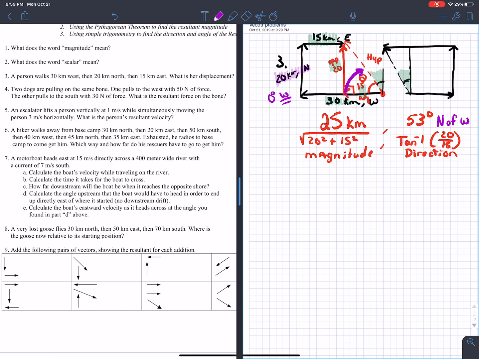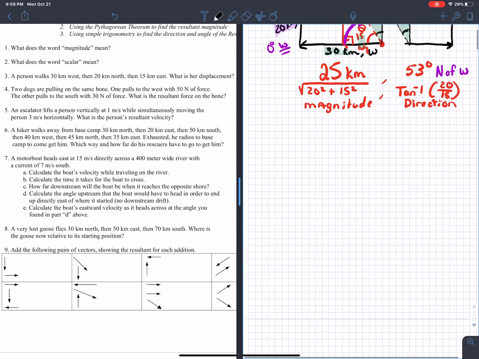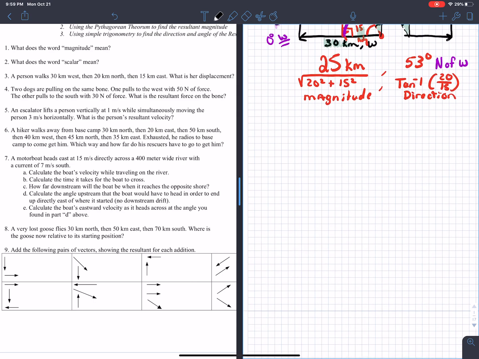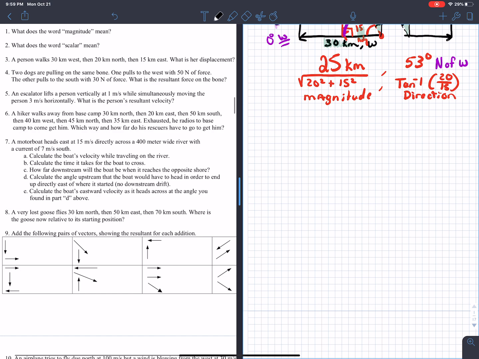Okay. Let's do another example. This time, let's say number 5 here. We'll choose number 5 just because it's not going north, south, east, west. This one's talking about an escalator that lifts a person vertically at 1 meter per second.